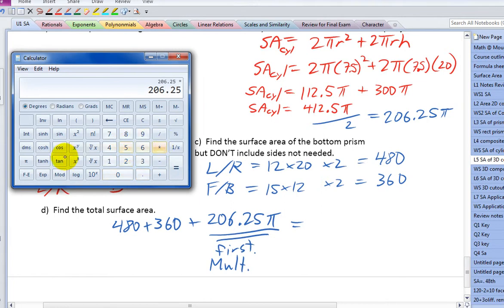206.25 times pi equals, and then I'm just going to add. Let's round to nearest hundredth, please. Round to nearest hundredth.